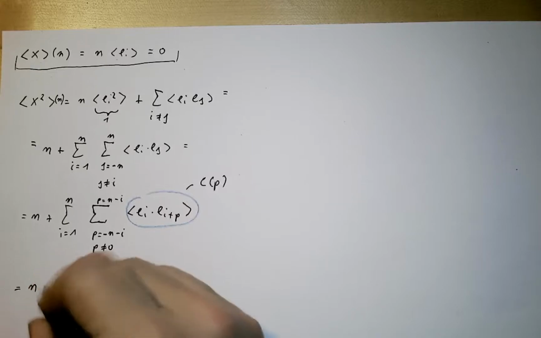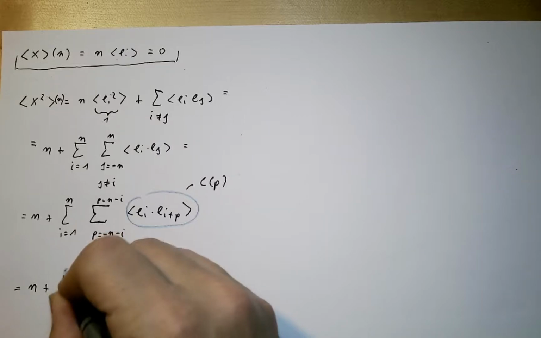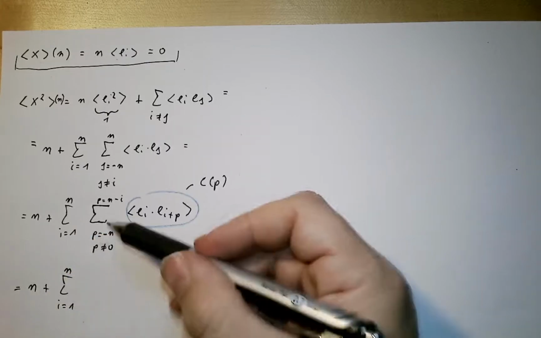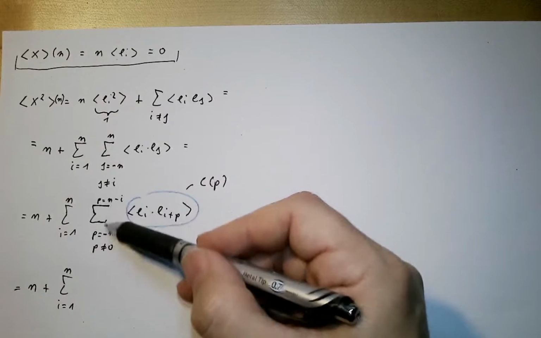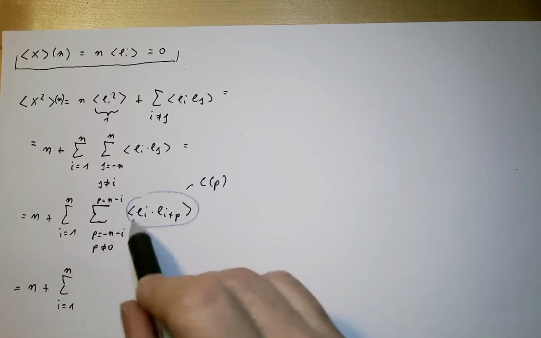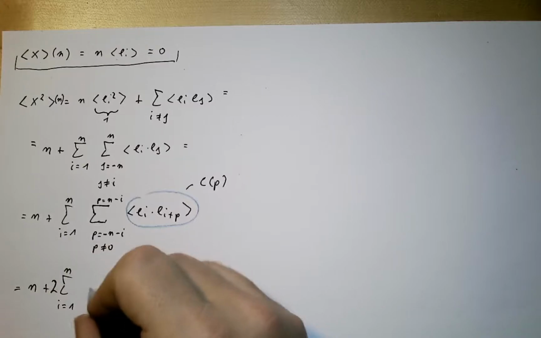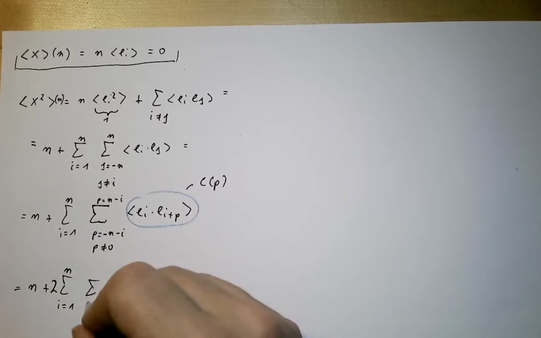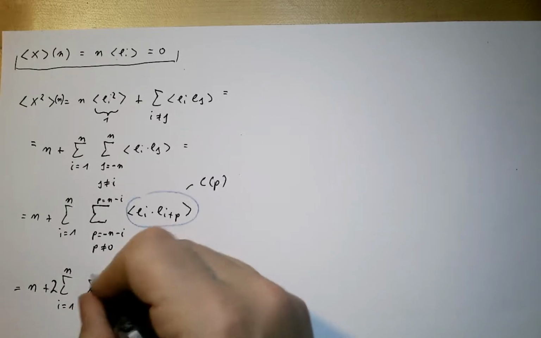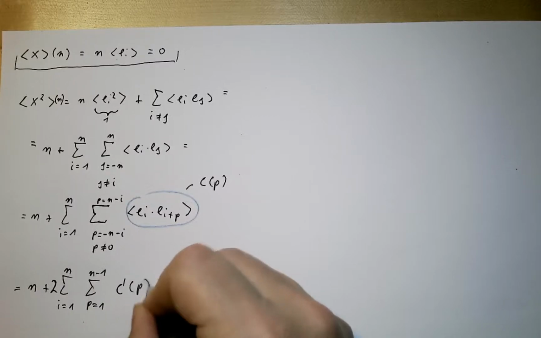So it's n plus, we have here the sum i equals 1 until n, and you see here we have a symmetric thing, either we go in the future or in the past, but this is always the same. So let's just write a factor 2 in front of everything, but then sum only in the future. So we sum from p equal 1 to n minus 1 our correlation function.